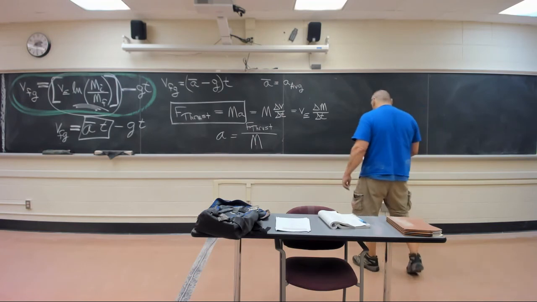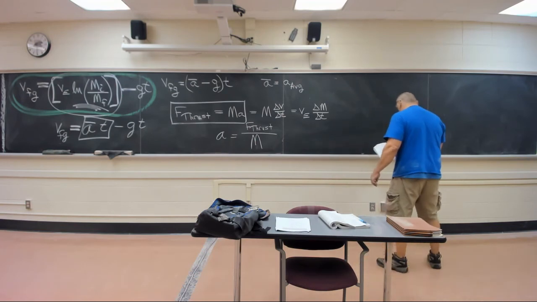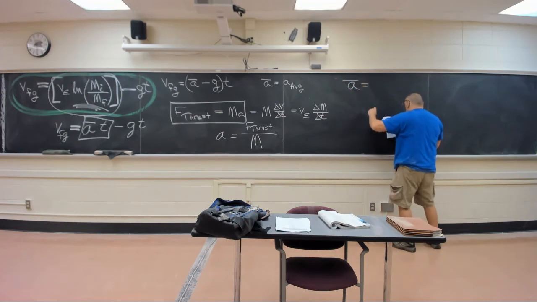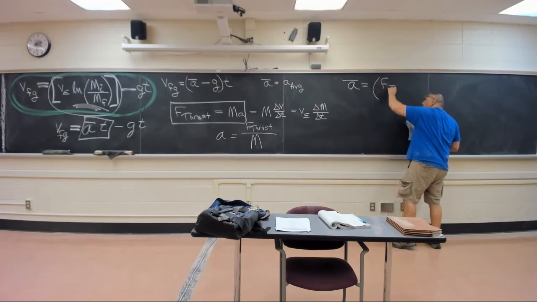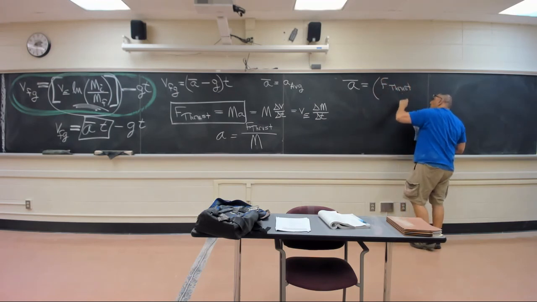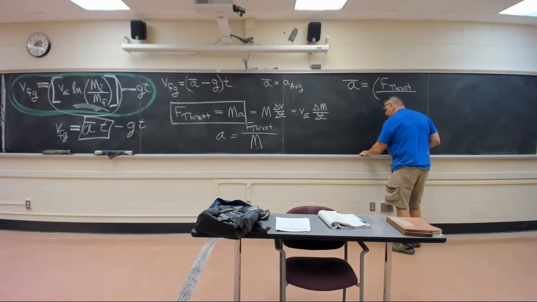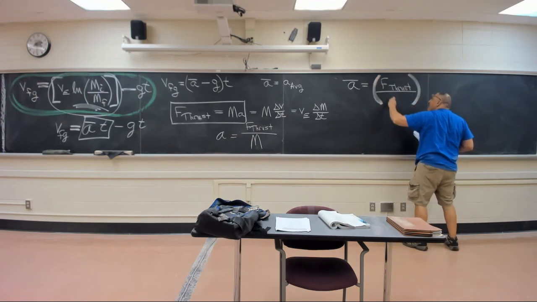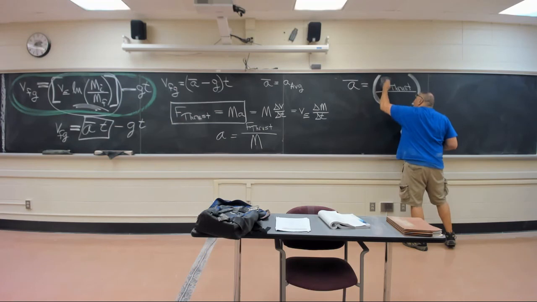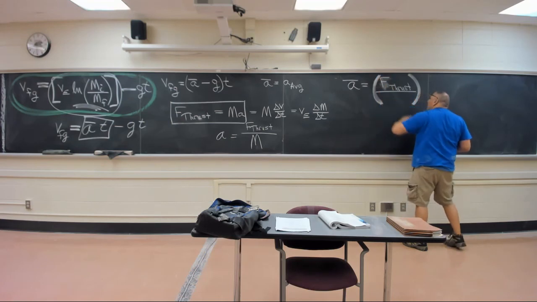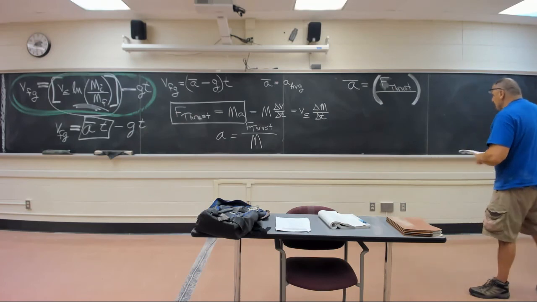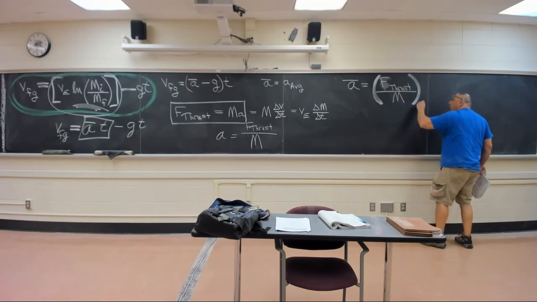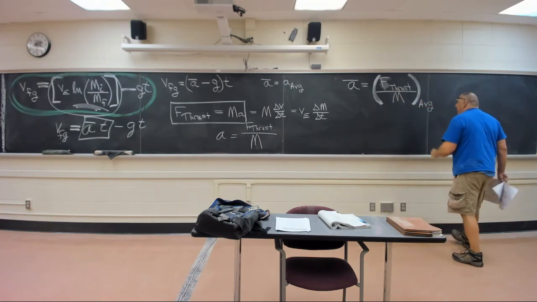Let's talk some more. Is it okay to say that A bar equals F thrust over M, the average of that ratio?